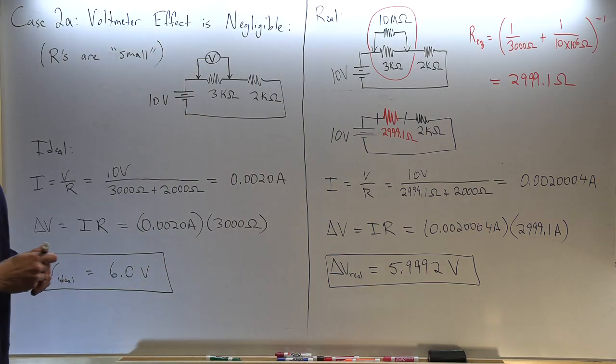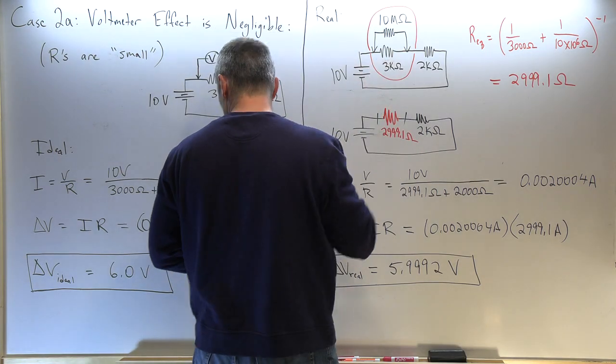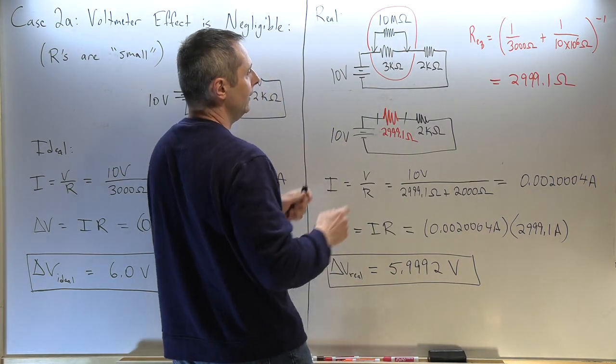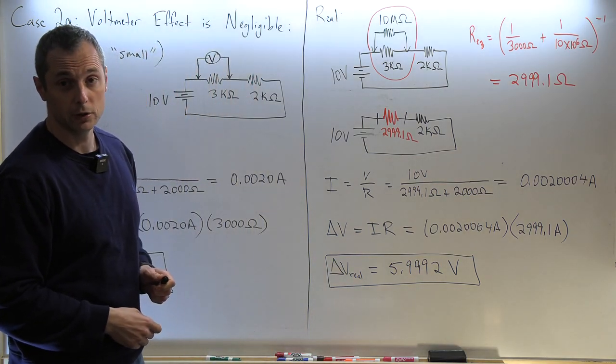Not 6. That voltmeter changed the voltage. It truly is 6 volts when the voltmeter is not there. As soon as you touch the voltmeter probes, the voltage drops to 5.9992.